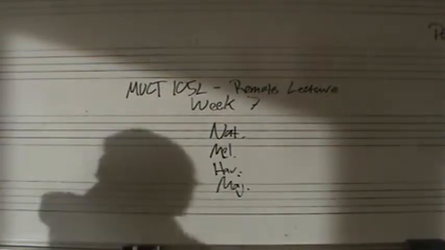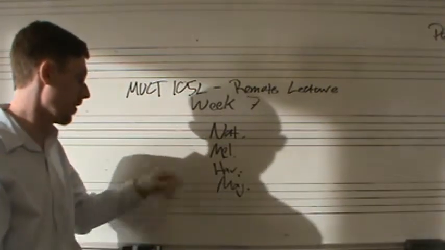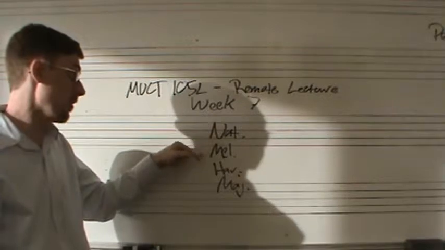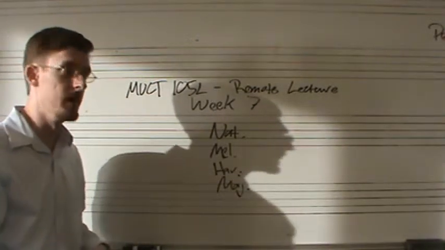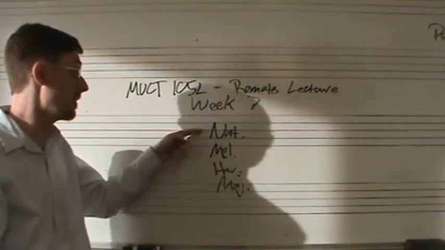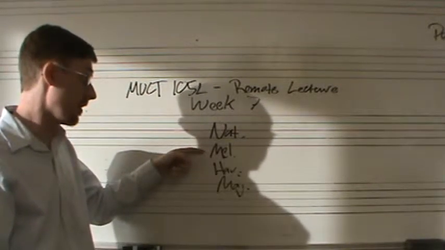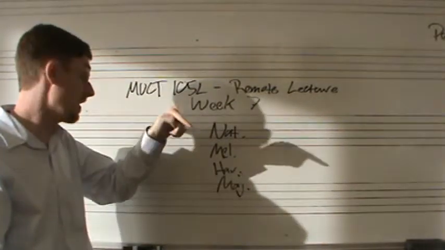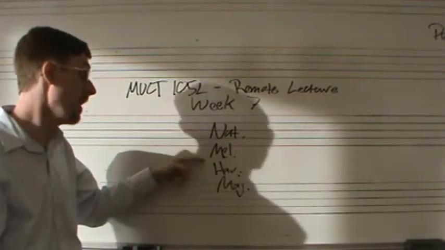All right, let's start with natural minor. 1, 2, 3, 4. Do, re, mi, fa, sol, la, te, do, te, le, sol, fa, mi, re. Do, re, mi, fa, sol, la, ti, do, te, le, sol, fa, mi, re.